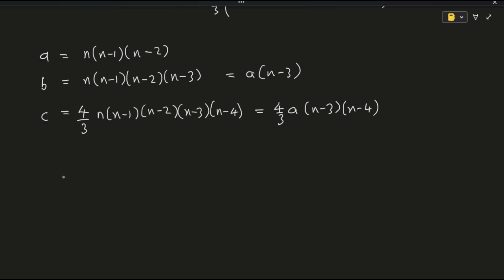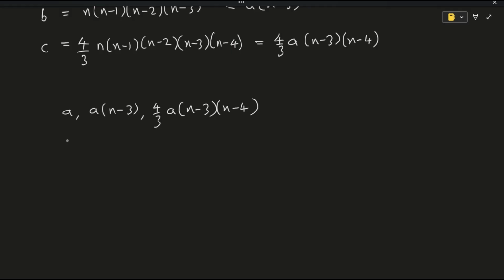So our three consecutive terms are A, A into brackets n minus 3, and 4 over 3 A into brackets n minus 3, n minus 4. These are our three consecutive terms.